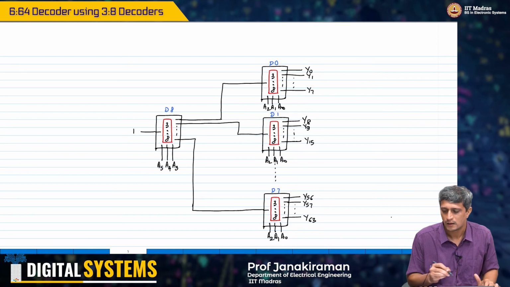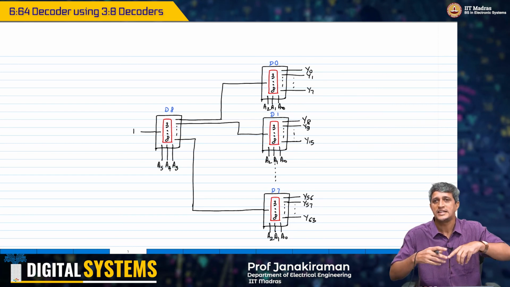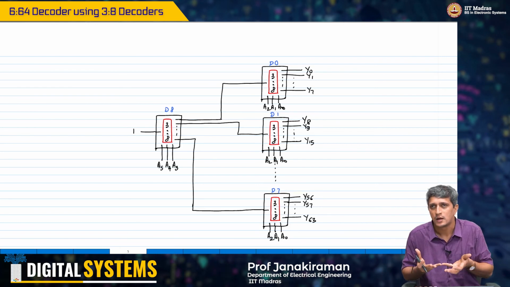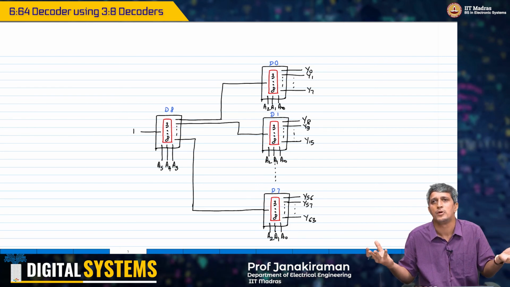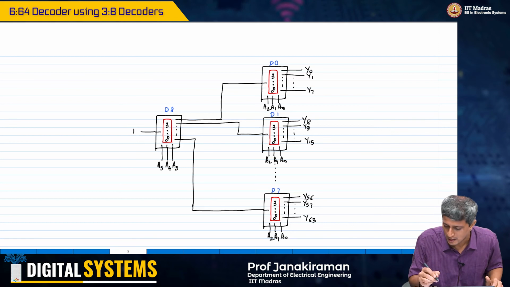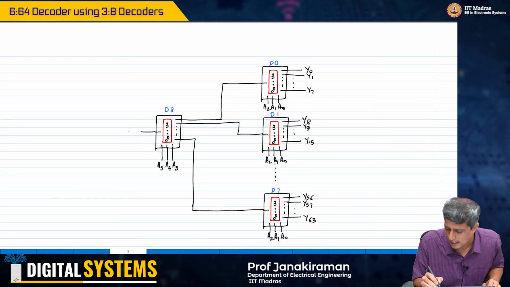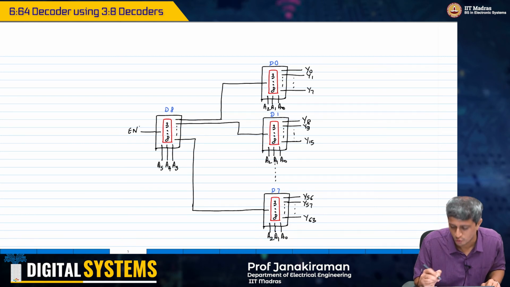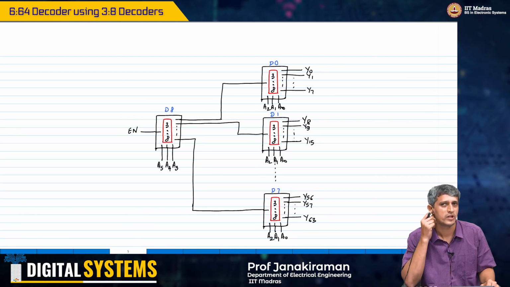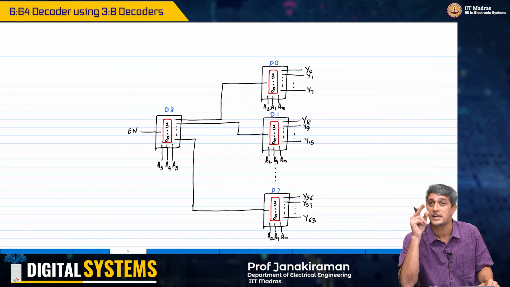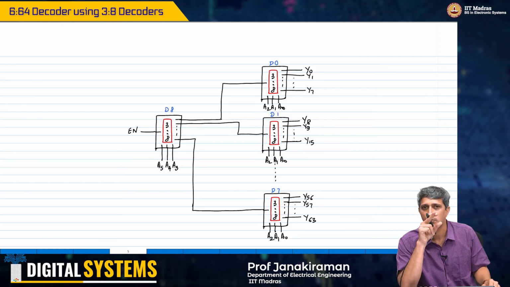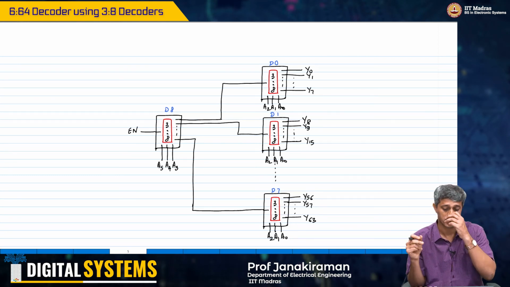Finally, I need to control that this entire decoder, right, with an enable signal only when enable is high. So therefore, the first primary input decoder I will connect to the enable. So the enable of the decoder D8 is what I am going to connect my enable signal to.